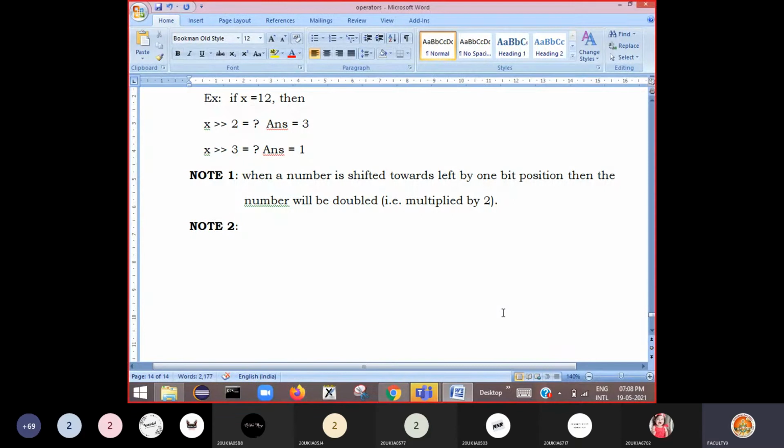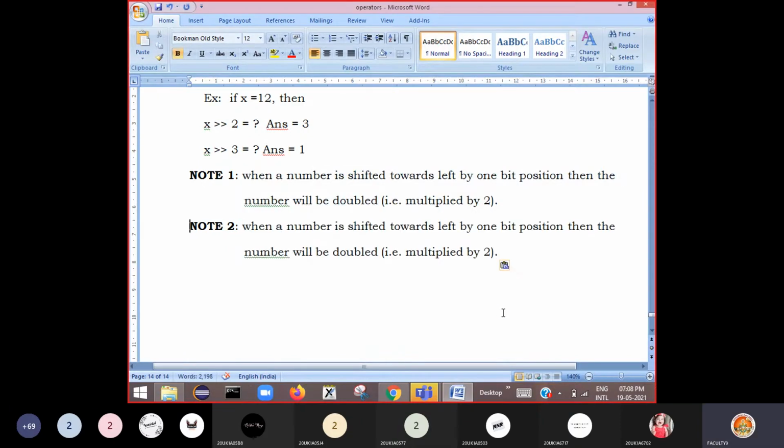Let me just copy this same thing so that I can make only the required changes. Similarly, the second point is when a number is shifted towards right by 1 bit position, then the number becomes half.